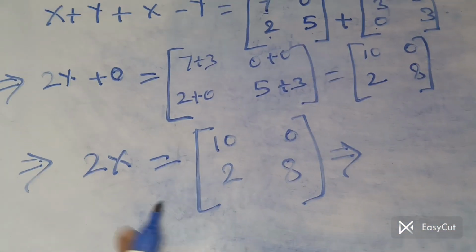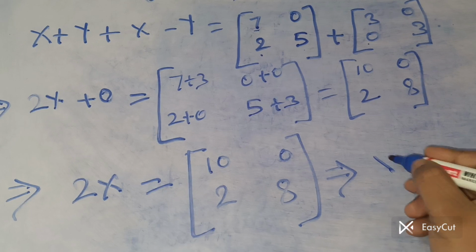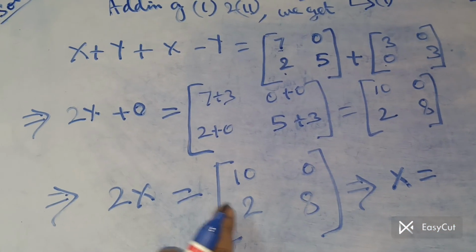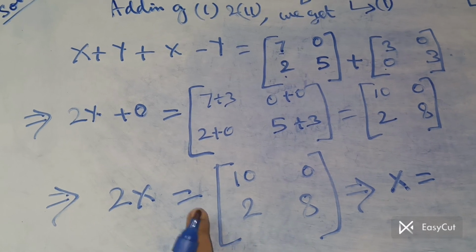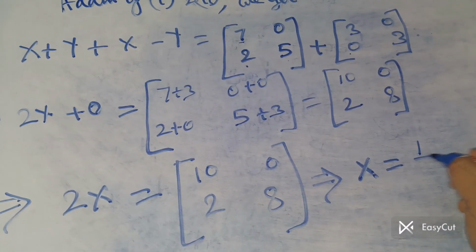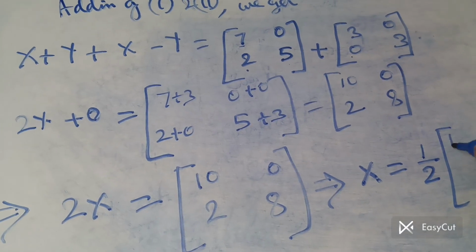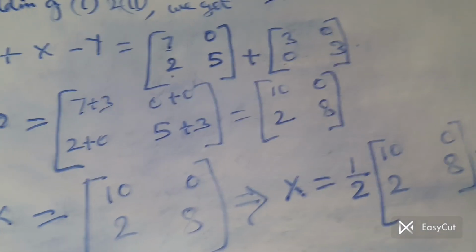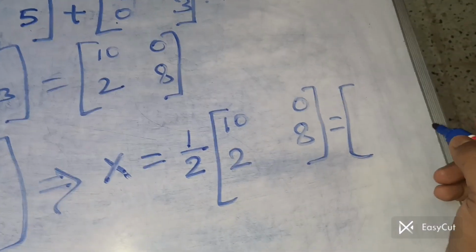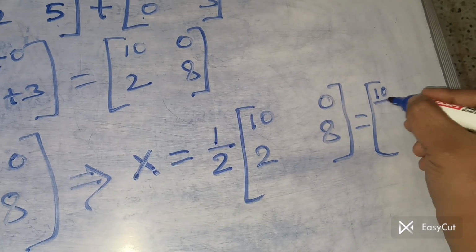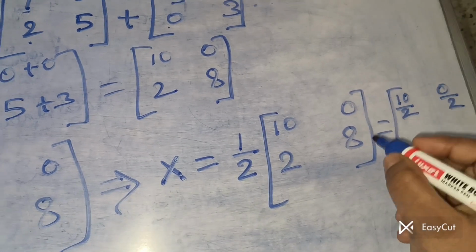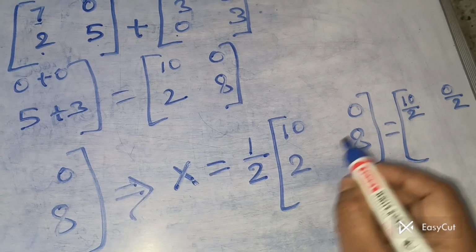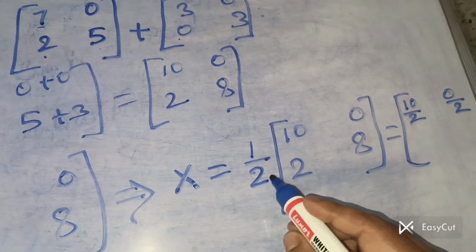Then what we will do, see, here it is x. We have to find the matrix x and this is a constant 2. If we put it here, it will become 1 by 2. So it will become 1 by 2 into 10, 1 by 2 into 0, 1 by 2 into 2, 1 by 2 into 8.